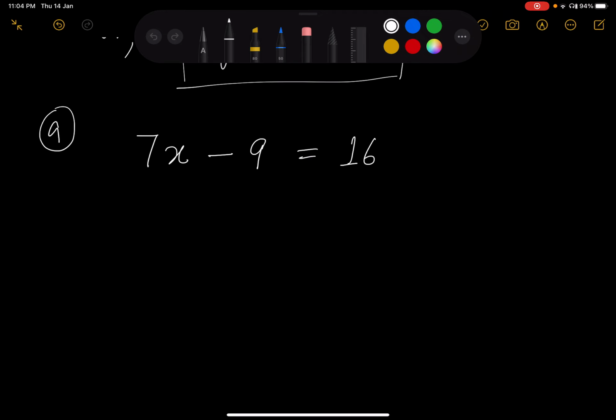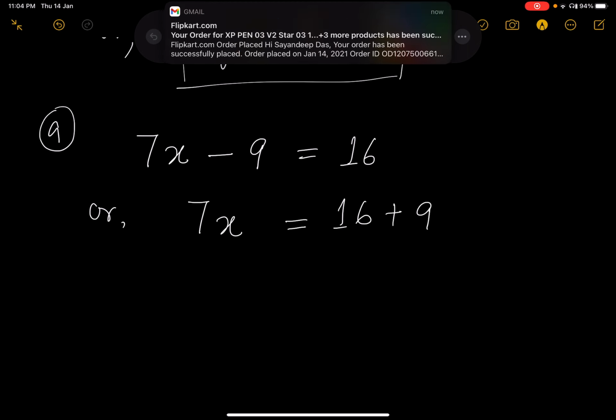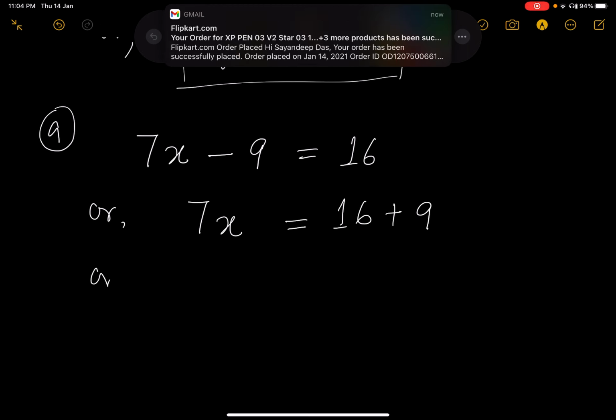So you can see here on the left hand side, now you have understood how to keep the variable in one side, that is on the left hand side, transpose minus 9 to right hand side, that is 16 plus 9 is equal to how much?